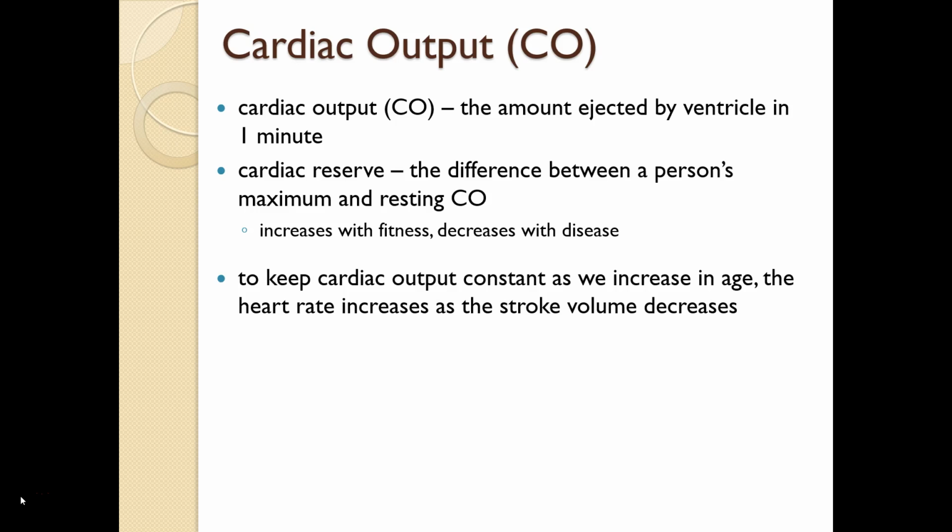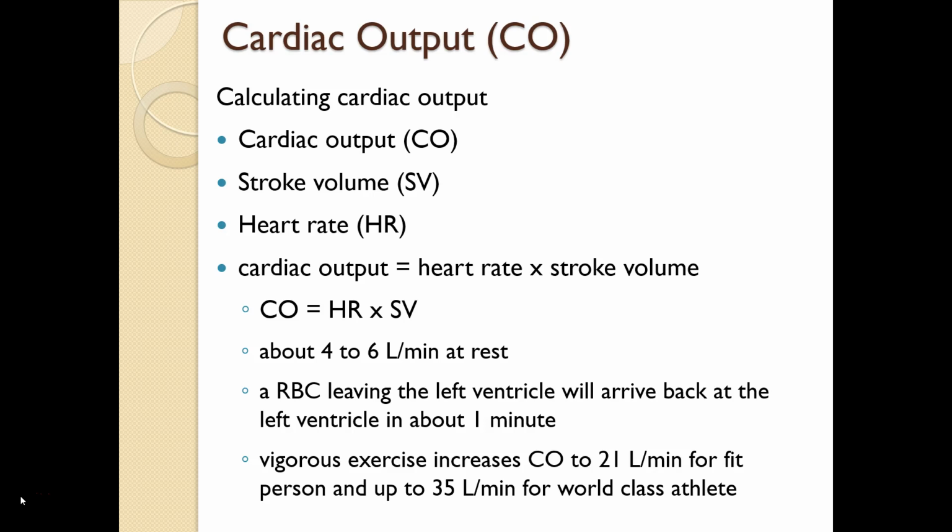Cardiac output is the amount of blood ejected from the ventricles in 1 minute. So we're including time in this one. So that means you have to include stroke volume and heart rate. So cardiac output equals heart rate times stroke volume. Okay, that should make sense to you.